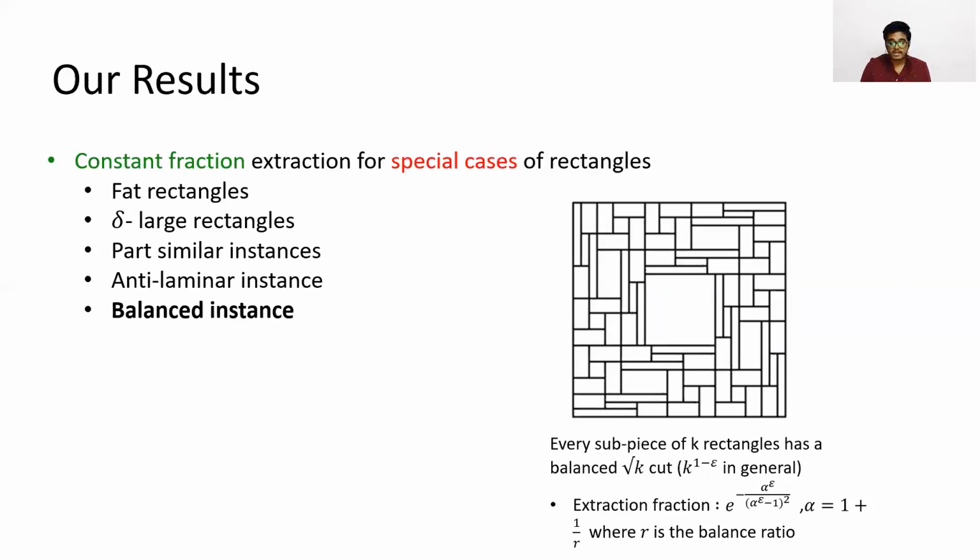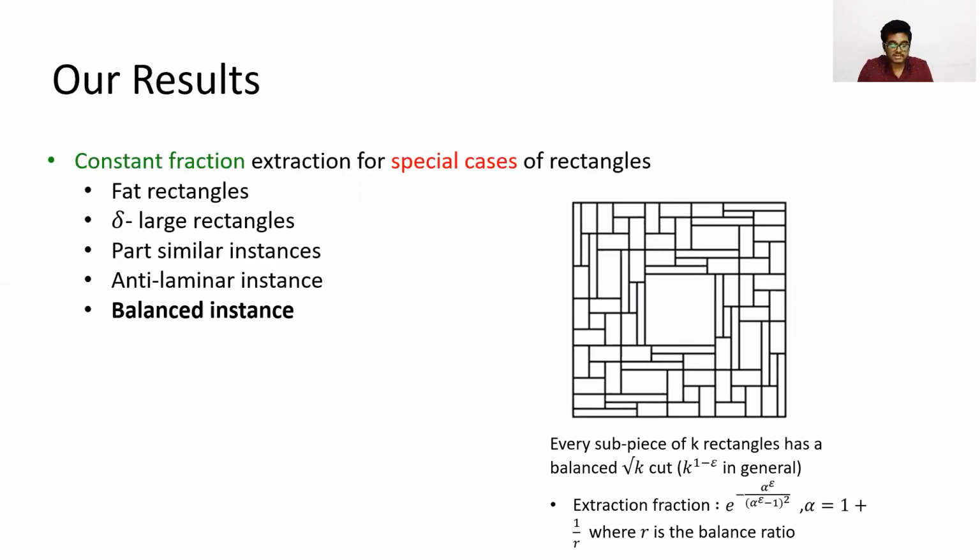The result for balanced is actually for unweighted, not weighted. So what is a balanced instance? It's sort of like all the rectangles are uniformly distributed. A balanced instance is one in which any piece with k rectangles has a balanced cut. So what is a balanced cut?